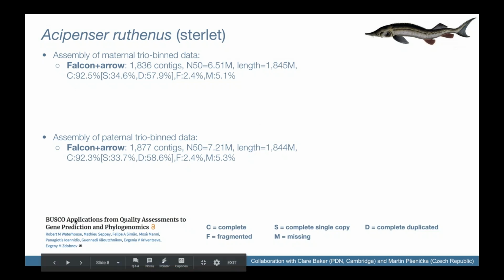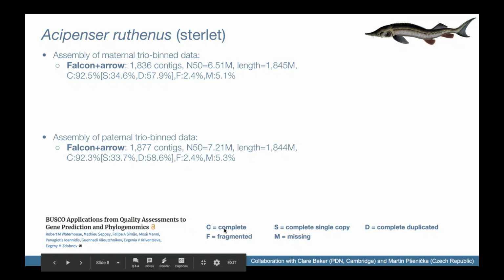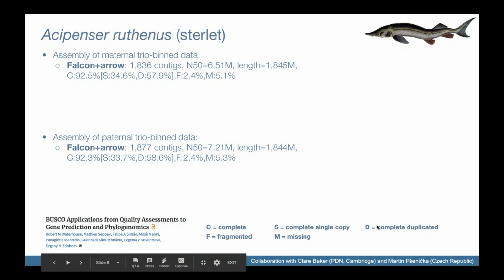This code here, for those not familiar, is BUSCO scores. This is looking for single copy orthologous genes, which should be single copy in a particular lineage. So C here is finding if you found those genes and they're complete. And then that's split out into complete and single copy in your assembly, or complete but duplicated in your assembly.